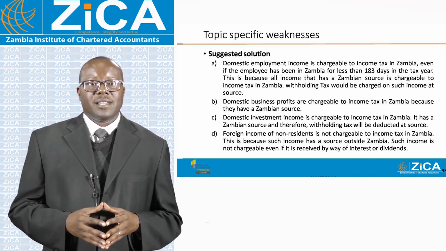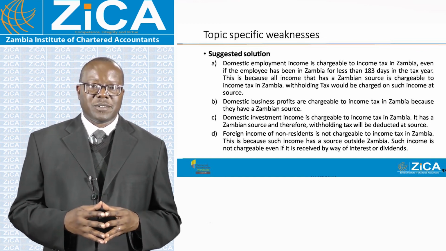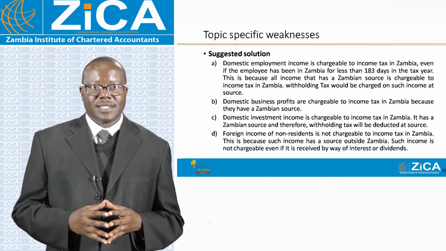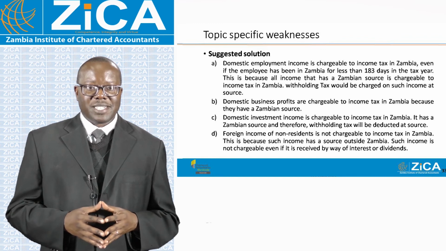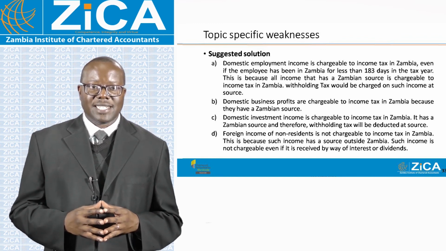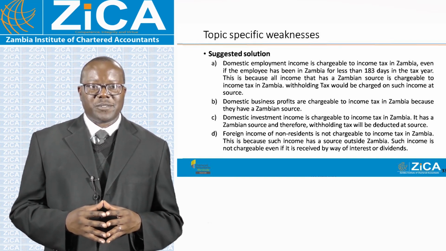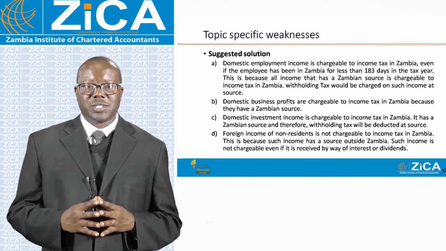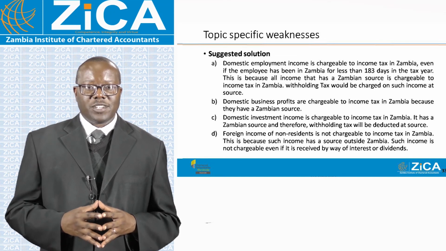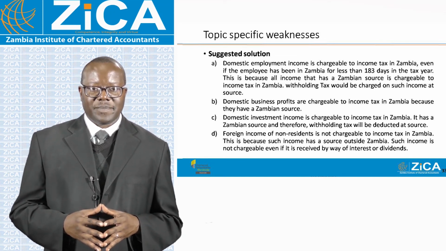B. Domestic business profits are chargeable to income tax in Zambia because they have a Zambian source. C. Domestic investment income is chargeable to income tax in Zambia. It has a Zambian source and therefore withholding tax will be deducted at source. D. Foreign income of non-residents is not chargeable to income tax in Zambia.